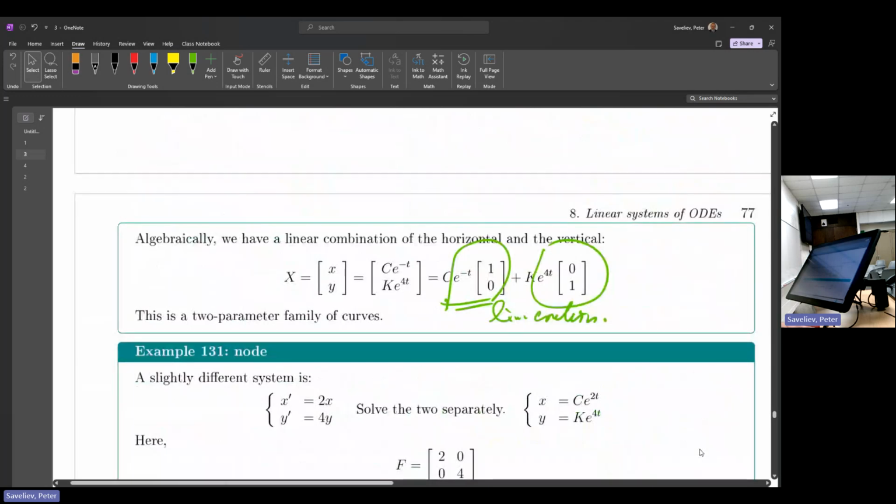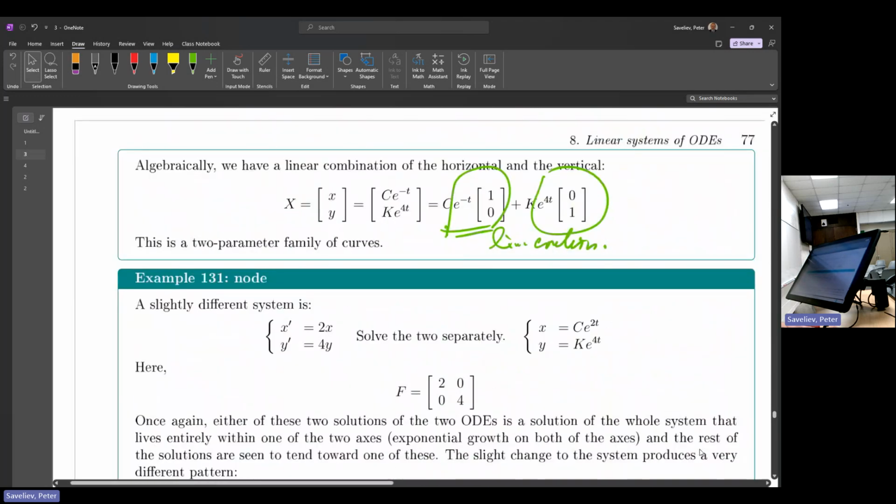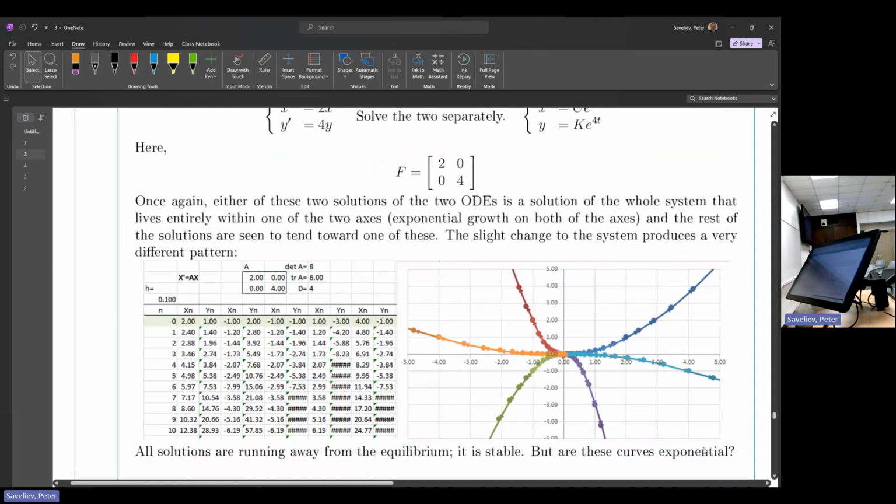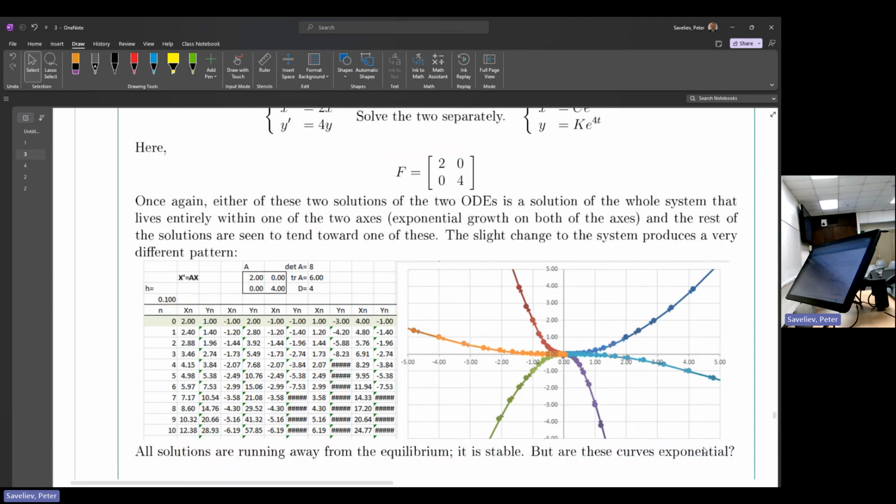So this is the next one, and it's called the node, and you see why. Once again, we're looking at the simplest one. Once again diagonal, once again x and y separately. Once again, you can see how they're solved differently with two different parameters. And then a linear combination of these two solutions will produce all the solutions. And here they are, running away from the origin, so it's an unstable equilibrium.